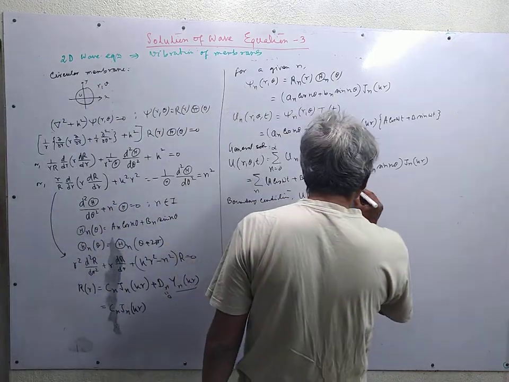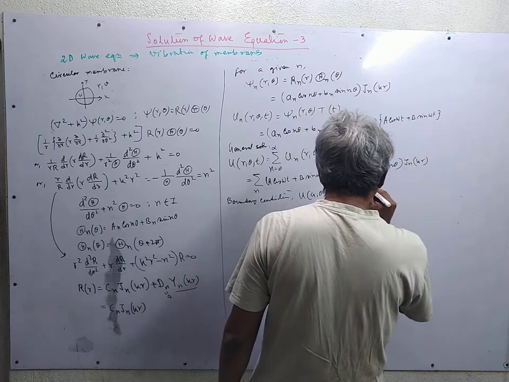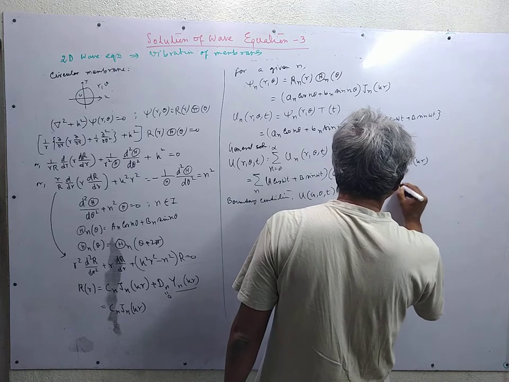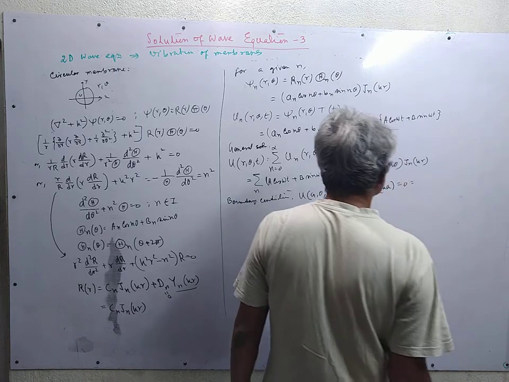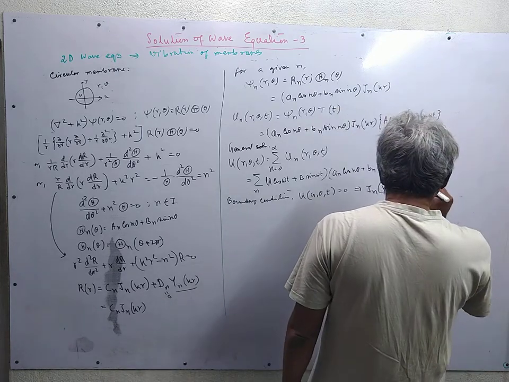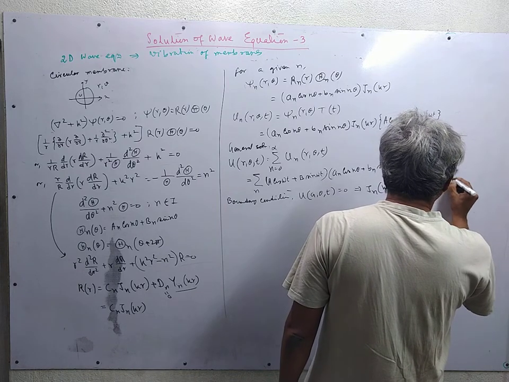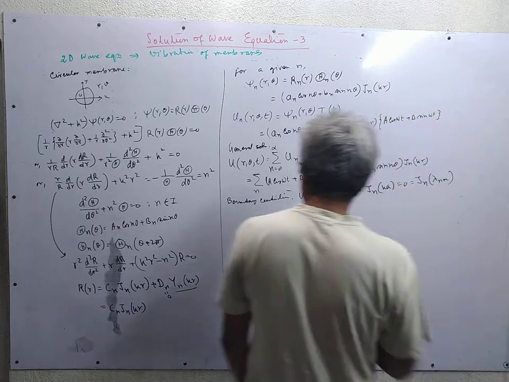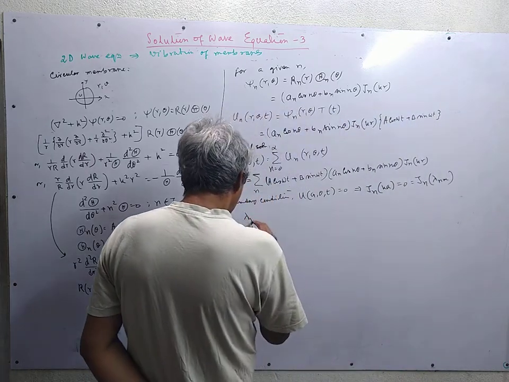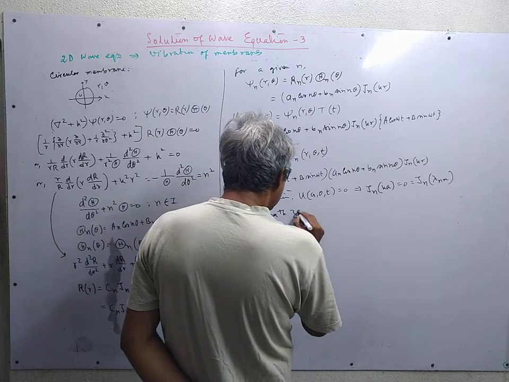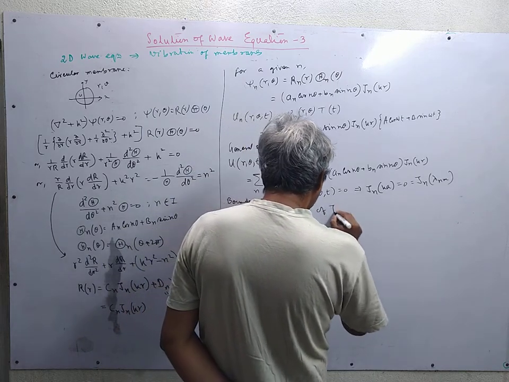So that indicates that J_n(ka) has to be 0, so ka = λ_nm. λ_nm is the mth zero of J_n(x).